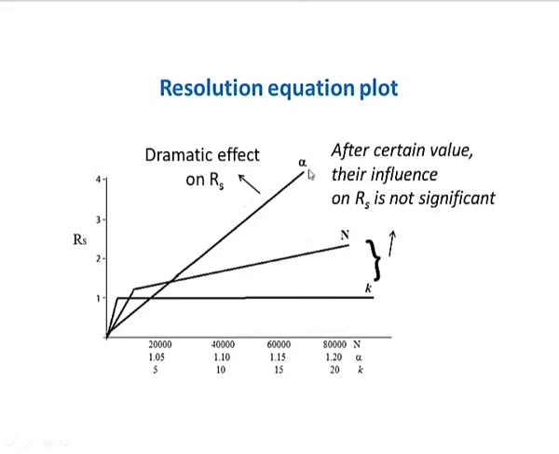It is more or less linear, right? Whereas for the other two parameters, number of plates and capacity factor, they change resolution to an extent, but afterwards their impact on resolution does not remain very high. After a certain value their influence is not significant, but in the end there is an optimization. So, you are looking for a sweet value of all three parameters, and it is not the maximum value. Always remember, when we talk about optimization, we are not maximizing, we are getting an optimized trade-off value of the parameter which gives us the best possible solution.